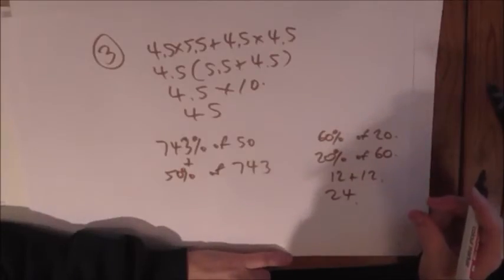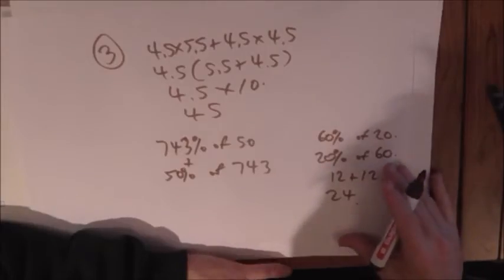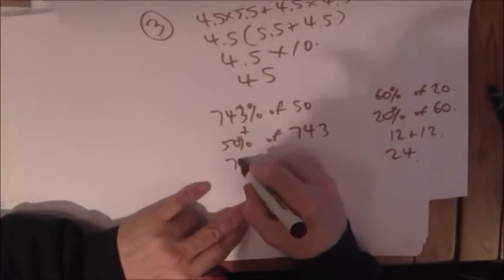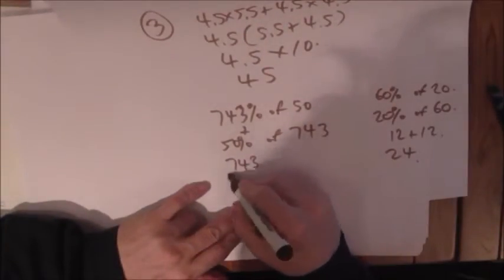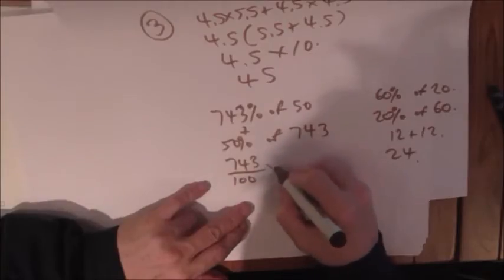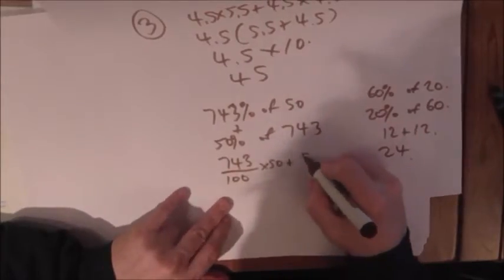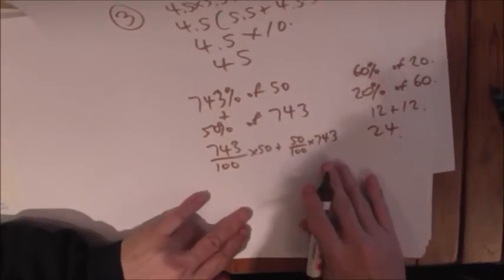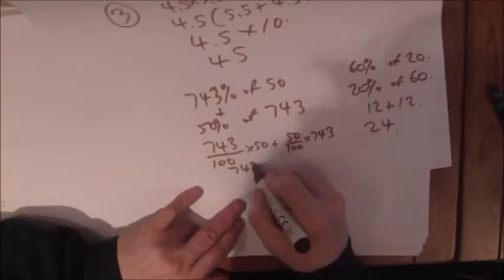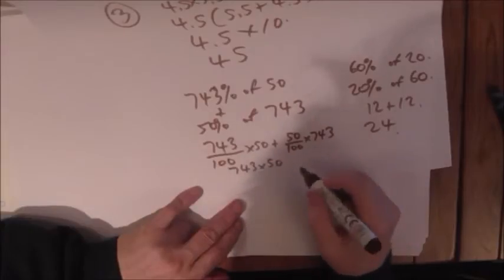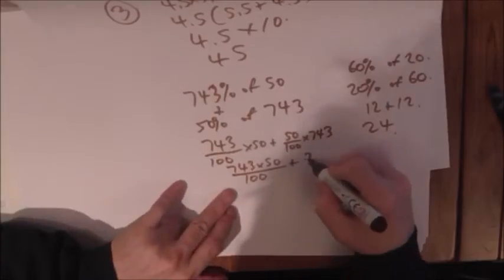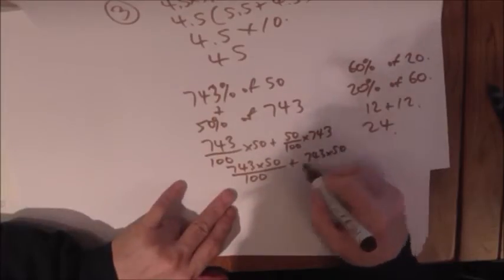So the answer is 24. I can't see any magical patterns there. So why don't we just say 743% over 100 times 50 plus 50 over 100 times 743. That's 743 times 50 over 100 plus 743 times 50 over 100.